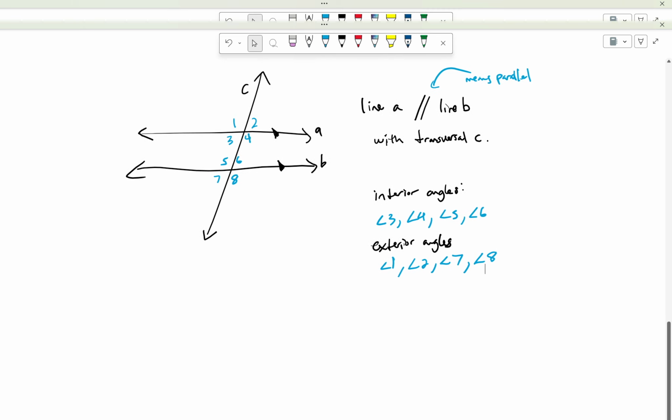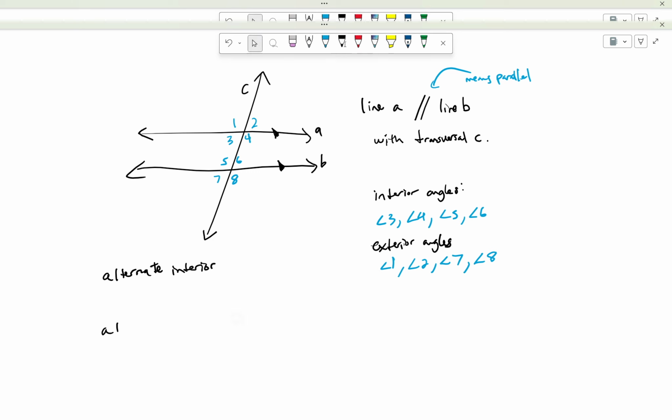It's easiest, in my opinion, to see when we have parallels, but it doesn't need to have parallels in order for this to exist in those relationships for transversals. But again, I think it's simpler for me to explain in this scenario where you have the 2 parallel lines cut by a transversal. So we have what's called alternate interior.